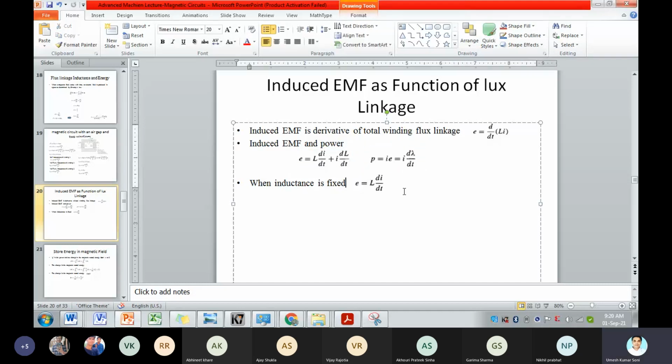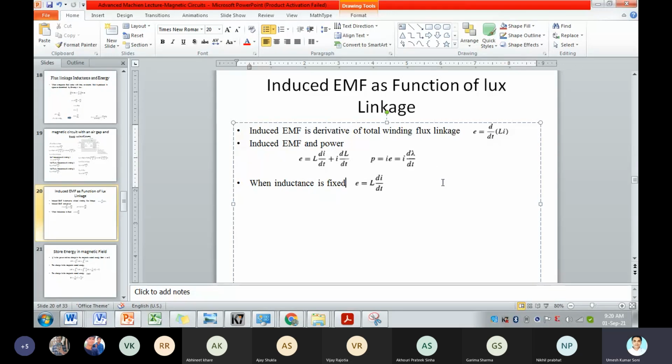Suppose we are changing the inductance and keeping the current fixed, then also there will be an induced EMF. By changing the inductance, it means you are changing the orientation of the windings relative to each other. Okay, so whenever you change the orientation, suppose one winding has excitation and the other winding also has excitation, and you rotate it, the flux is cut, and in that condition also an induced EMF will be there. And if you change the current in any of the coils, then there will be an induced EMF in the secondary winding. So here you can see.